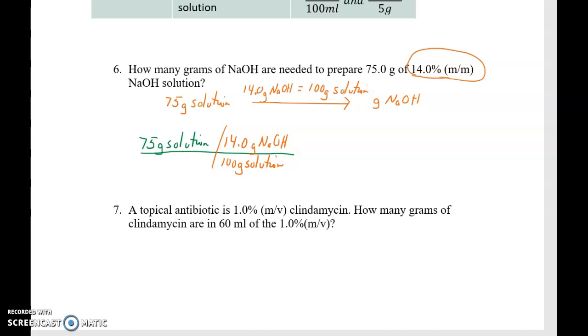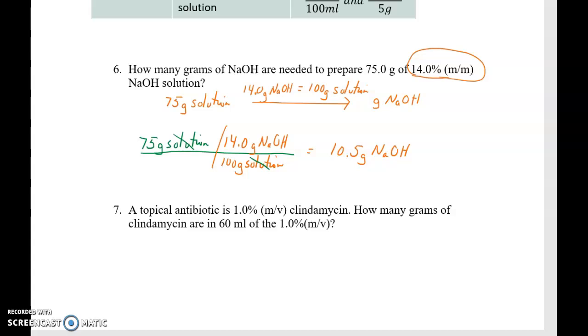We'll do our math here. We will get 10.5 grams of sodium hydroxide. Note that grams of solution cancels, and that leaves us with grams of sodium hydroxide. So this is a conversion, just like we did other conversion statements.